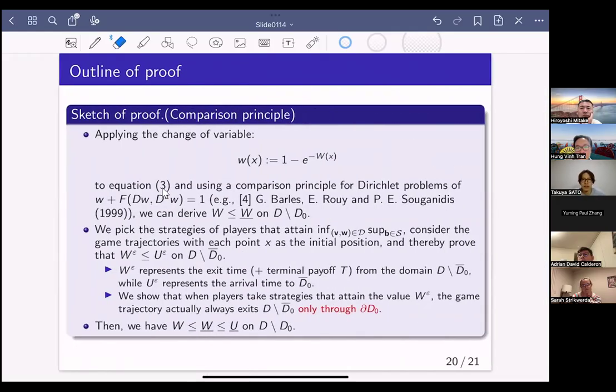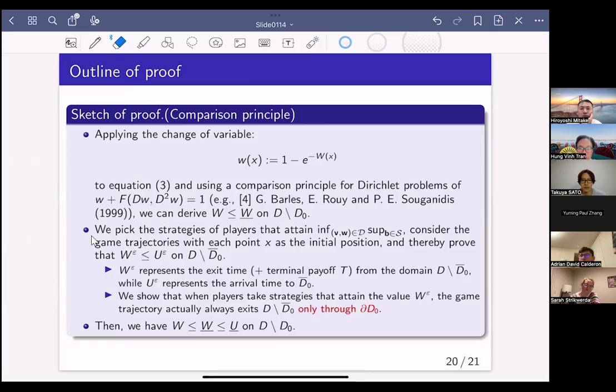And this is a slightly technical thing, but we use this Kohn-Hopf transform for the large W, and using the geometricity of operator F, we can get this monotonicity for the equation. Then we can apply the comparison principle, and we can know this ordering.